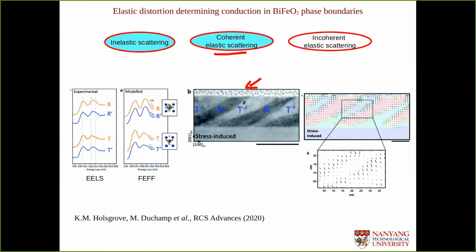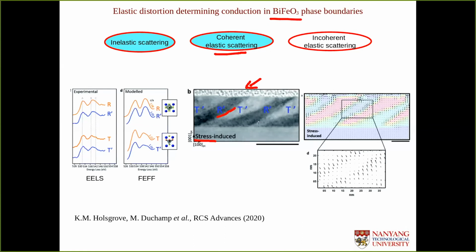So we have R and R prime domains in the ferroelastic bismuth iron oxide. What we want to do in this ferroelectric is study the interface between the different domains. What is really interesting in this ferroelectric material is that we can move the domain by applying some stress, or we can also displace the domain by applying some electrical voltage.